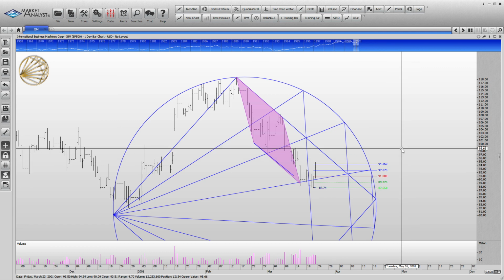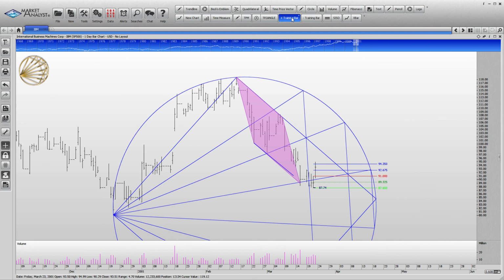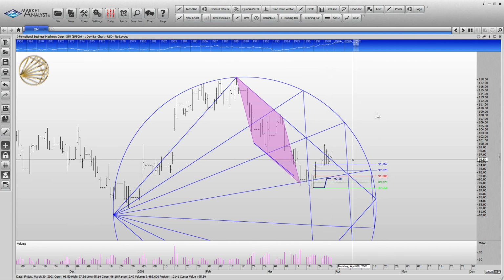If it hits 91 first, then we're out at 91. So let's add some bars here. Still the stop is at 91. Notice how the 3-bar trailing stop is not above 91 yet.